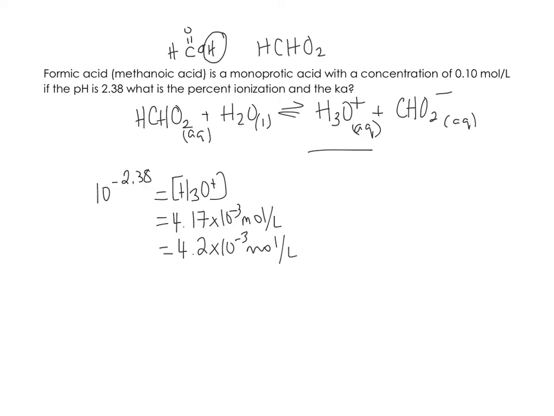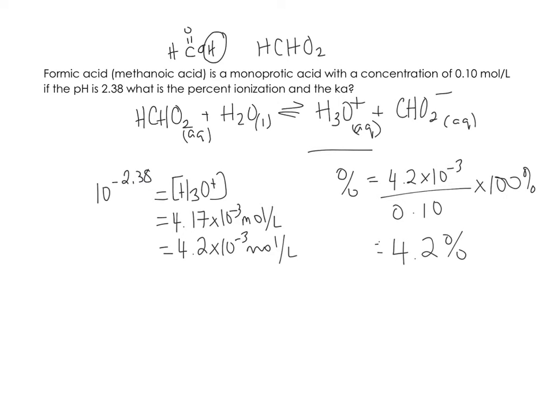So we can put this into our equation: 4.2 times 10 to the negative 3 over our initial concentration, and we get about 4.2% ionization.